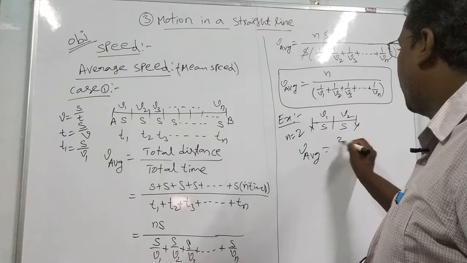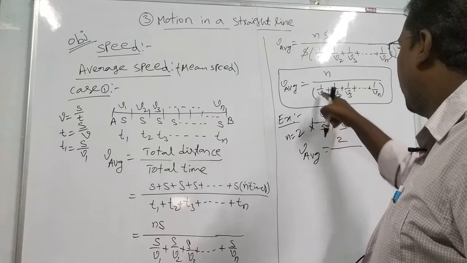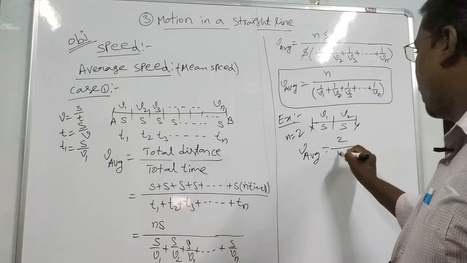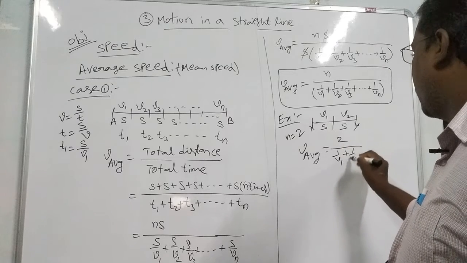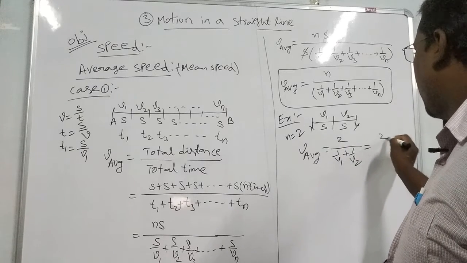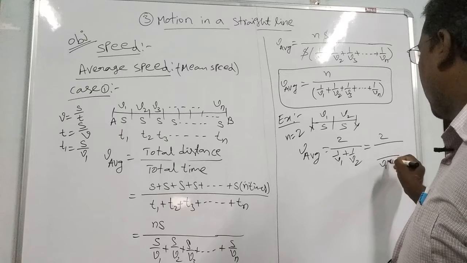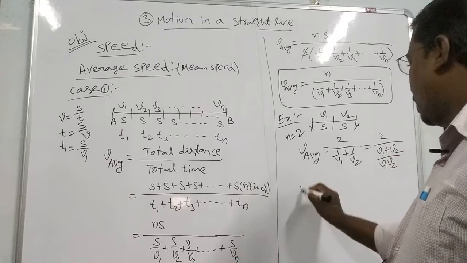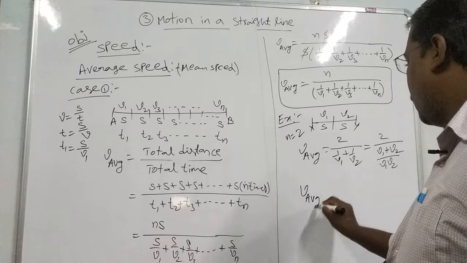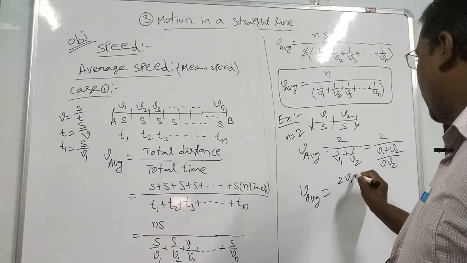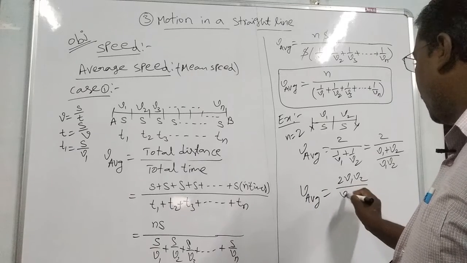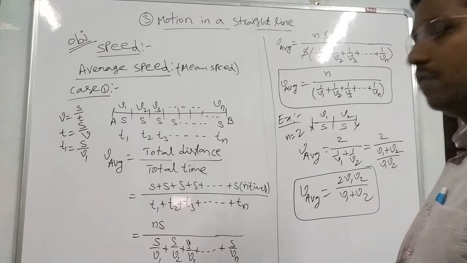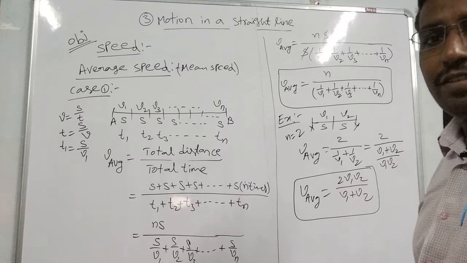Then we can write 2 by (1 by v1 plus 1 by v2), which is equal to 2 by (v1 plus v2) upon v1 v2. Therefore V average equals 2 v1 v2 by v1 plus v2. This is the formula for the two-lap system.